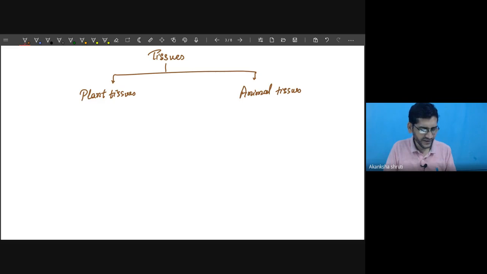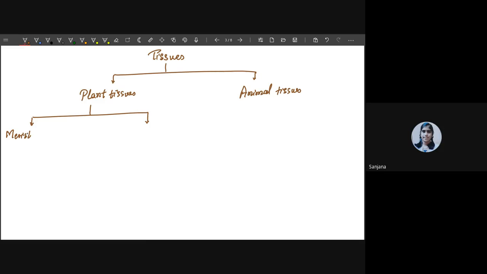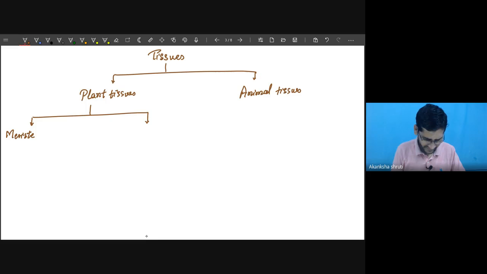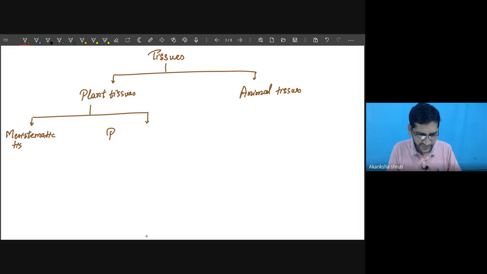Now, students, in our plant tissues, there are various classifications. So the very first one is growing tissues, called meristem or meristematic tissues. Another is fixed or permanent tissues.